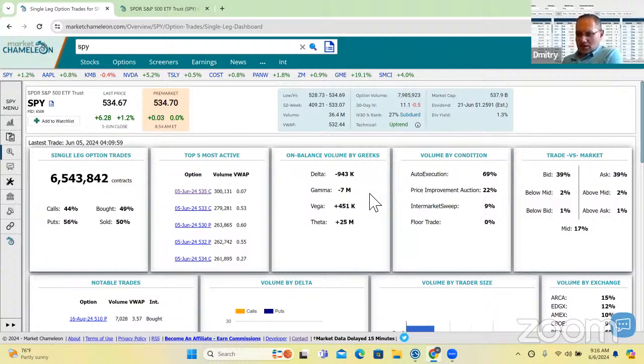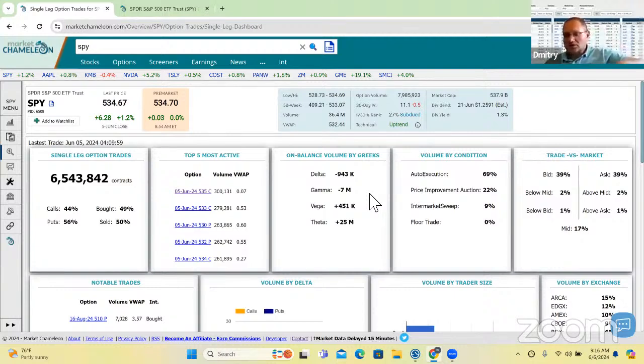Then we take those trades and we take the volume, and we say, here are buyers and sellers. On balance, if we subtract buyers and sellers, if there's exactly the same amount, it will go to zero.